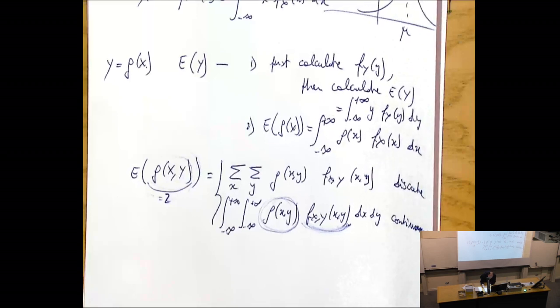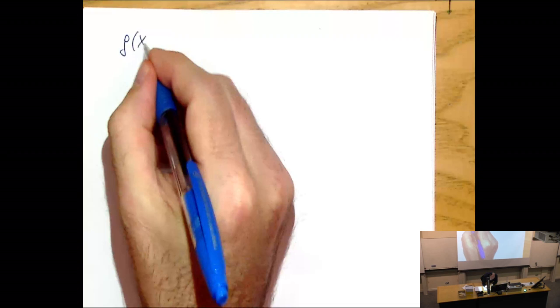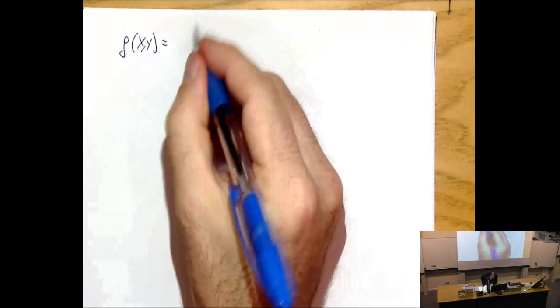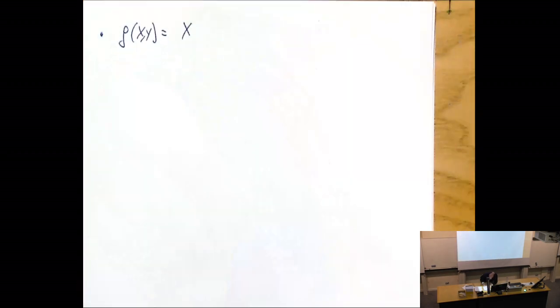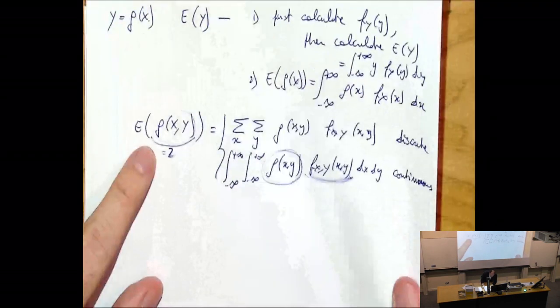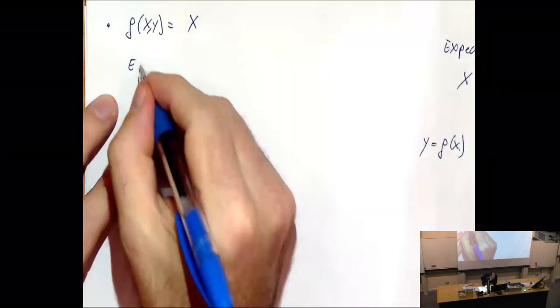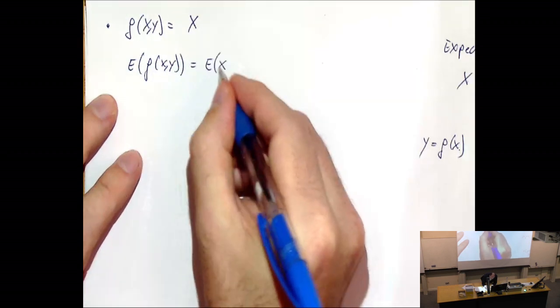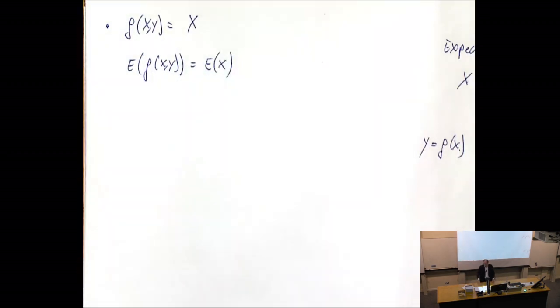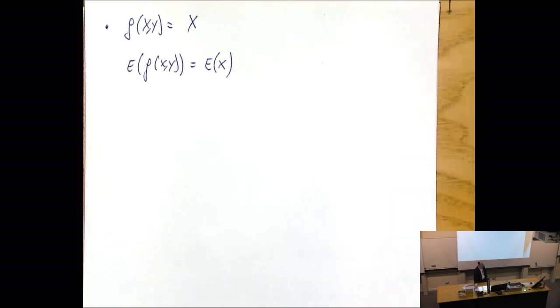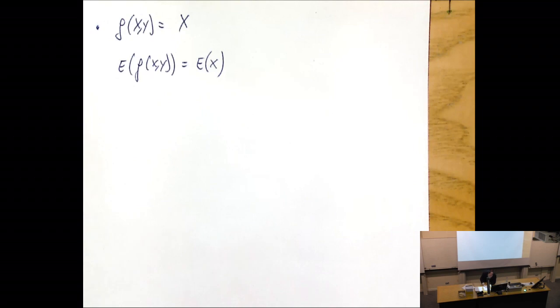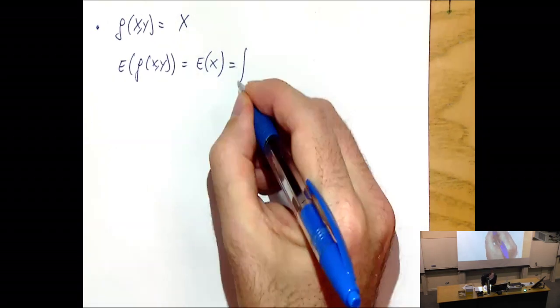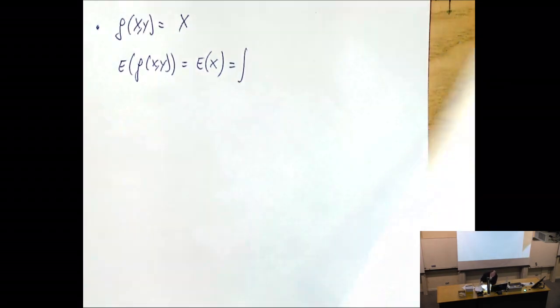Let's imagine that g of xy is simply equal to x. So now I'm looking at the expectation of g of xy, which is the expectation of x. Expectation of x is something we know. We should get the integral of x multiplied by the PDF of x. So let's see if this works. I'm using this definition here.